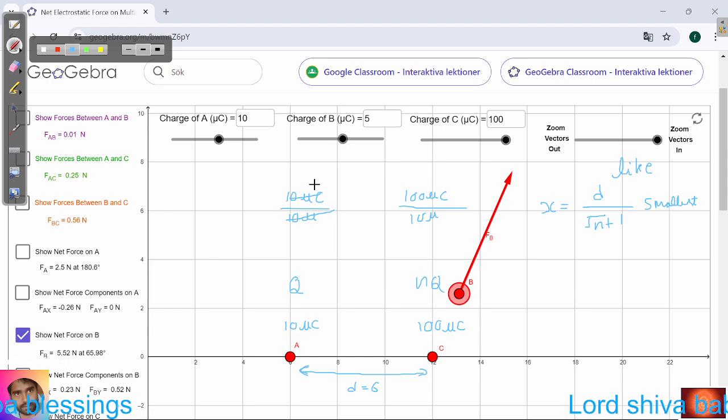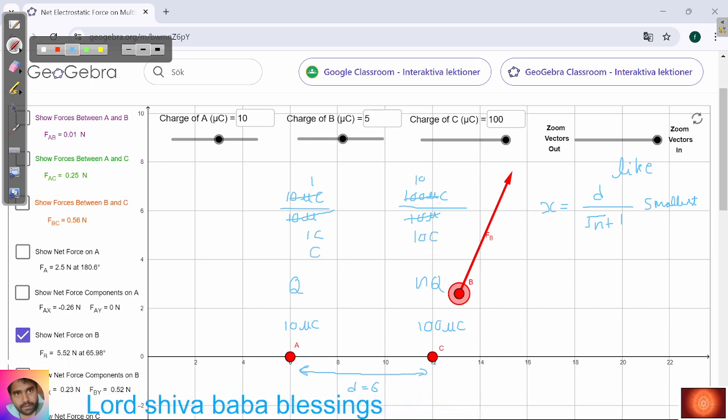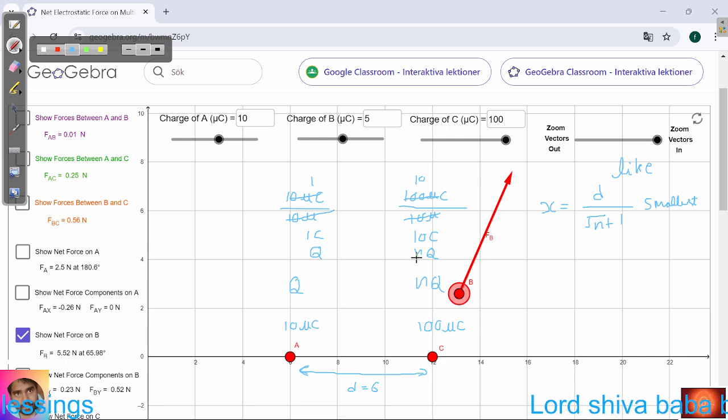So this turns out to be 1 coulomb and this turns out to be 10 coulombs. So this is q and this is n into q. So the value of n is 10.